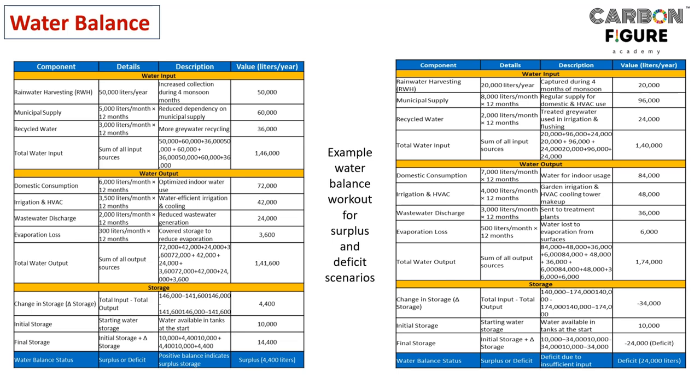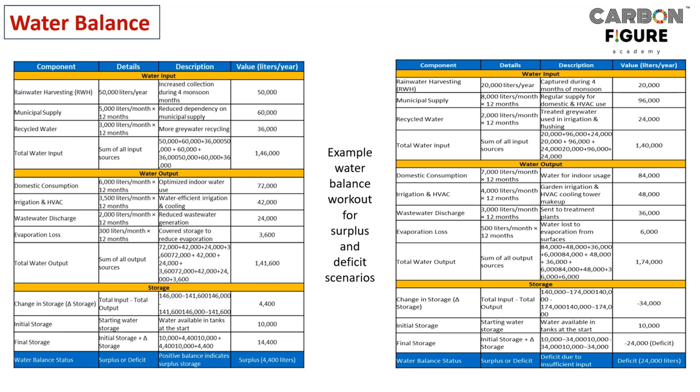It is an incoming. Then municipal supply is also incoming: 5,000 liters per month for 12 months, so 60,000 liters. Then recycled water. Out of the municipal supply, we tend to generate 80% as wastewater.